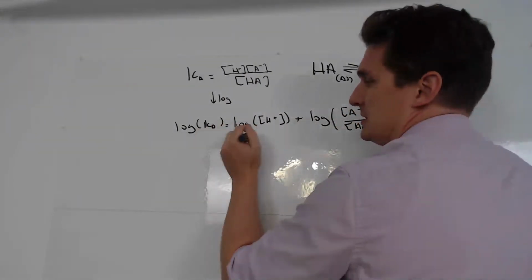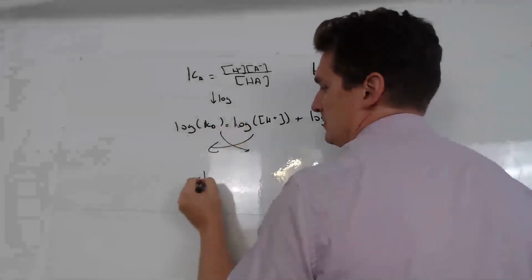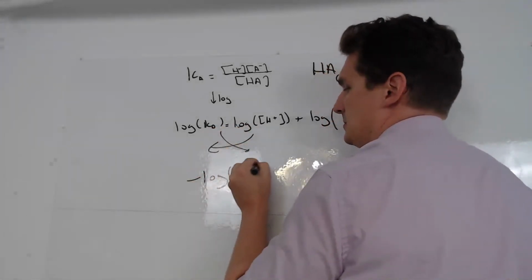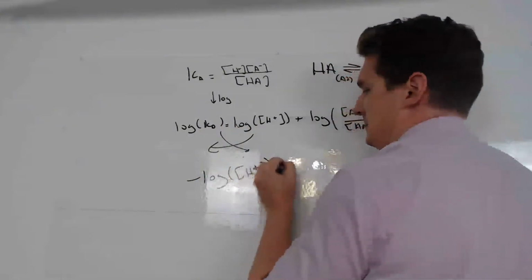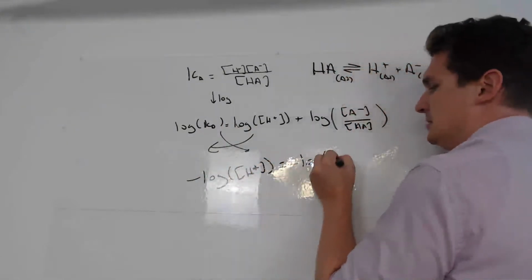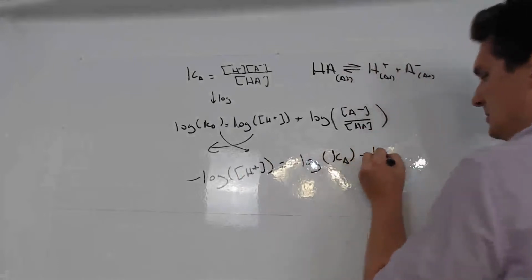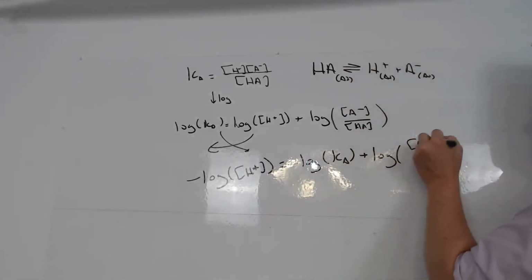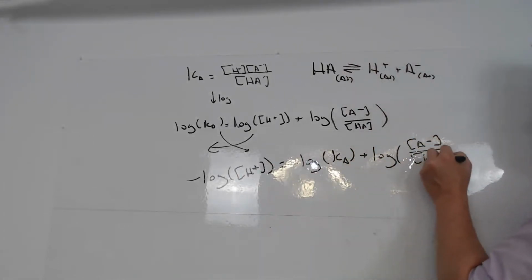Now we pull this to one side, and that to the other, and we get the negative log of H plus equals the negative log of Ka plus the log of A minus over HA.